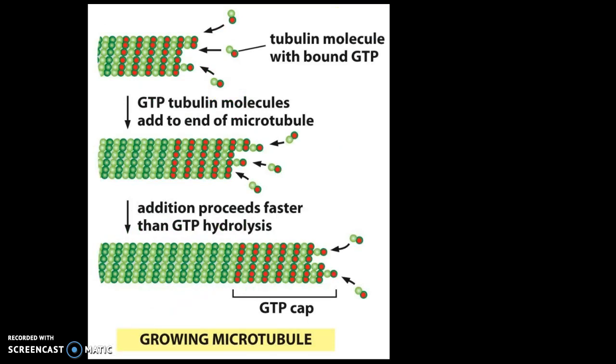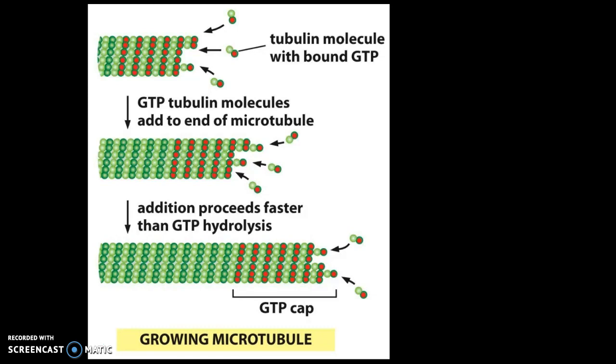Microtubules have something that we call dynamic instability. And so what that means is that microtubules are always growing on the plus end. And the way this works is when a tubulin heterodimer is GTP bound, then it can add to the positive end.